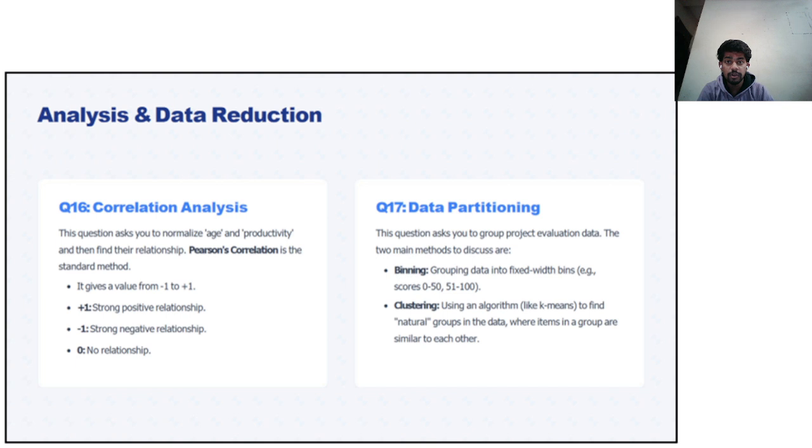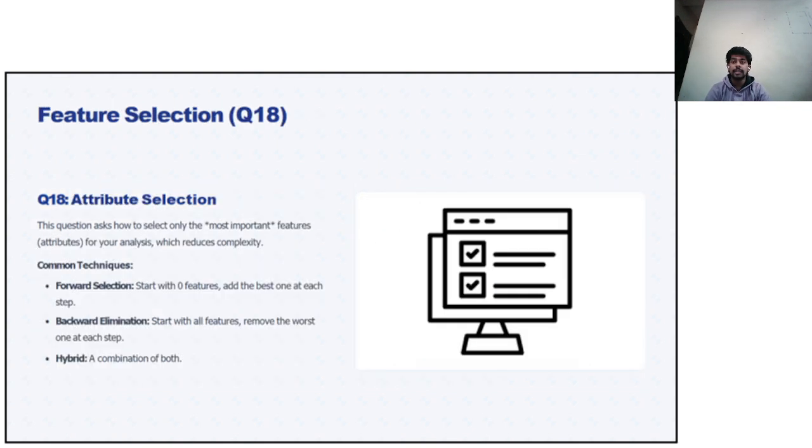Now let's move on to the last slide, our seventh slide, which discusses question 18: feature selection. Our final pre-processing question, question 18, addresses attribute selection or feature selection.